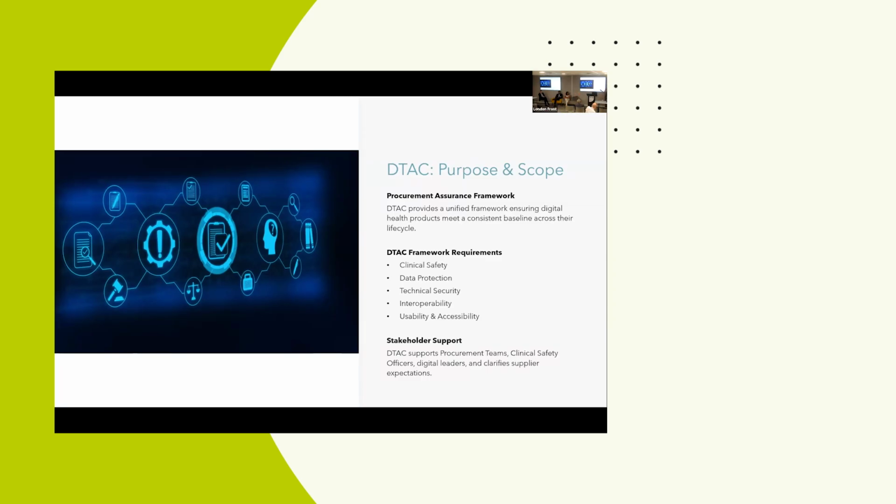It covers clinical safety, data protection, technical security, interoperability, and usability and accessibility. And there is stakeholder support in relation to this. DTAC should support procurement teams, clinical safety officers, which we've spoken about in relation to the safety standards, and digital leaders. The purpose is to clarify expectations to suppliers as well.